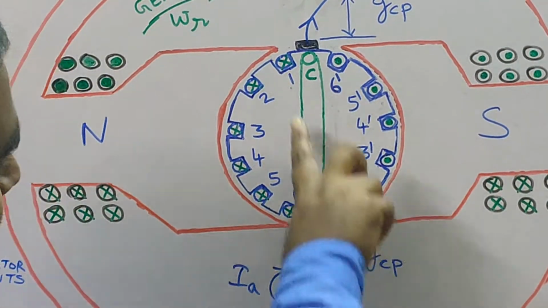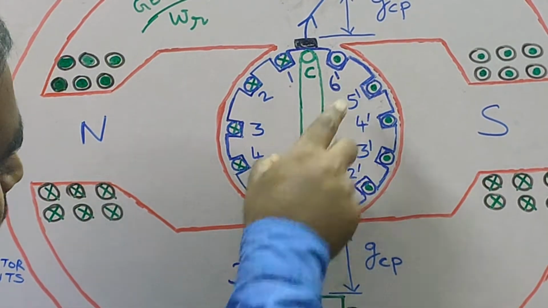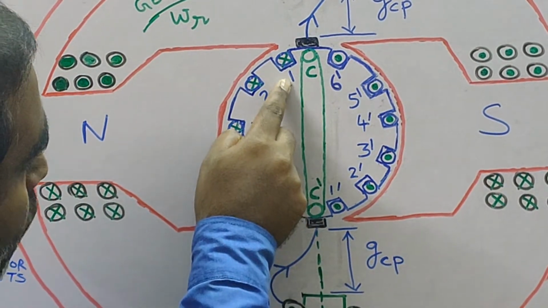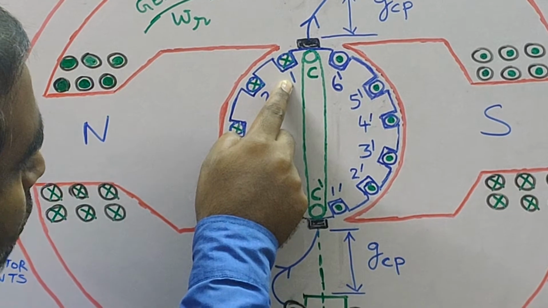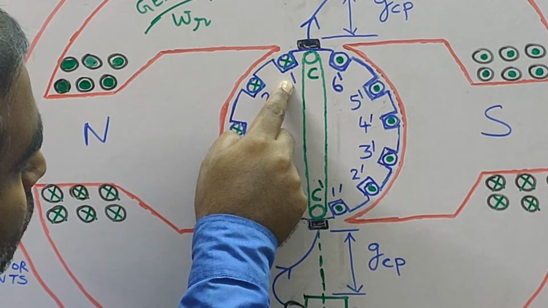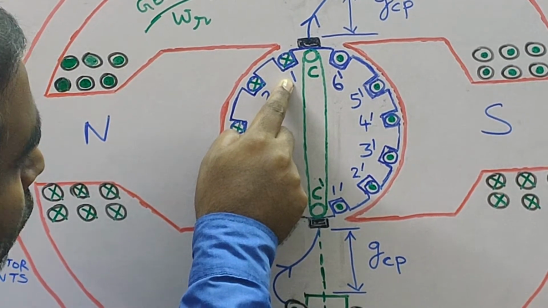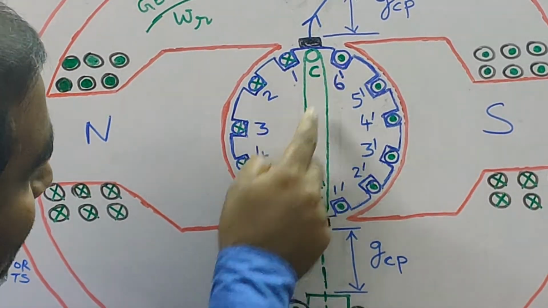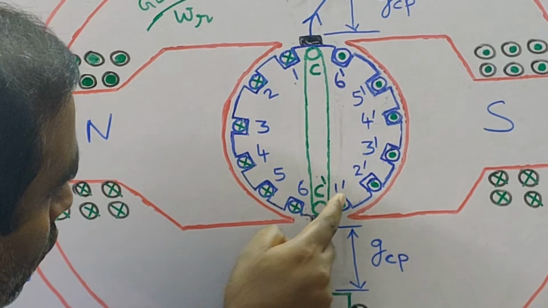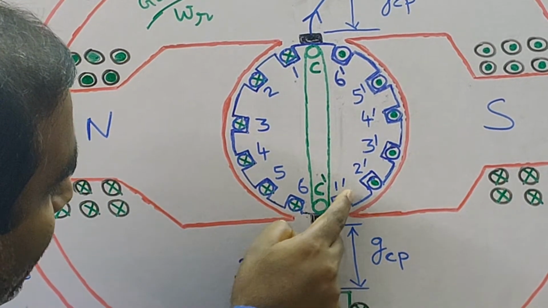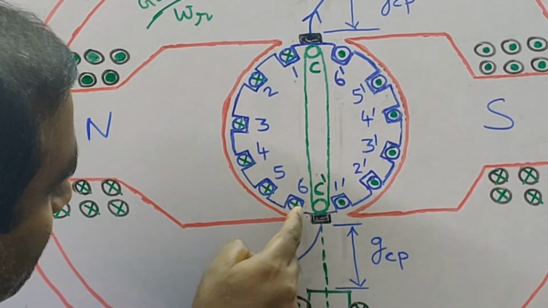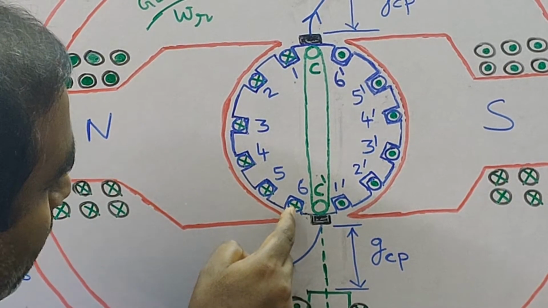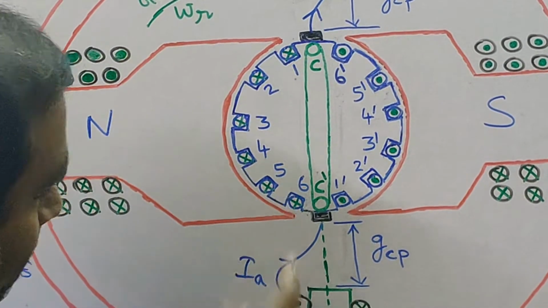But after a few degrees of rotation, what is going to happen? Coil side 1 will come to the position which is at present occupied by coil side 6 dash, and at the same time coil side 1 dash will occupy the position presently occupied by coil side 6.